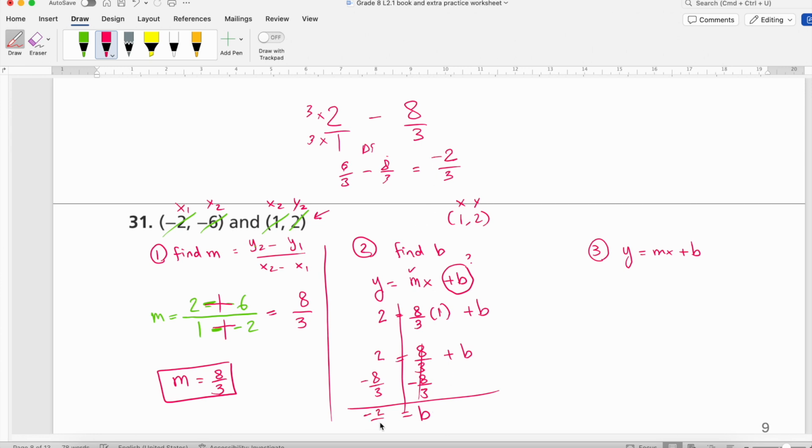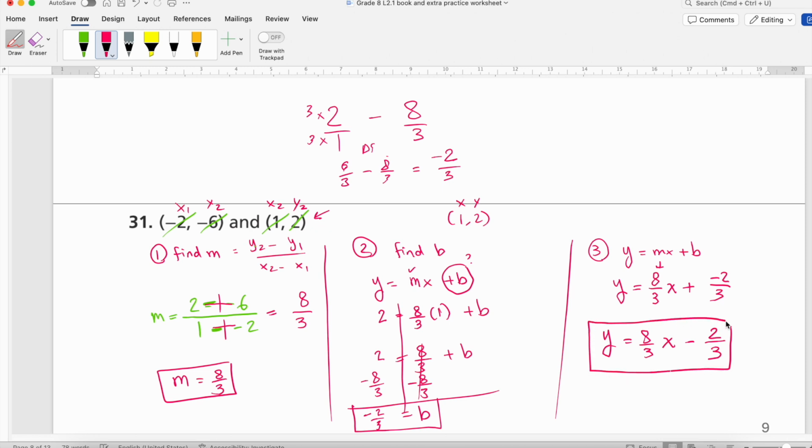Negative 2 over 3. That's b. Here, substitute. What is m? 8 over 3 x plus, what is b? Negative 2 over 3 equals y. Plus with negative will give me negative. So y equals 8 over 3 x minus 2 over 3.